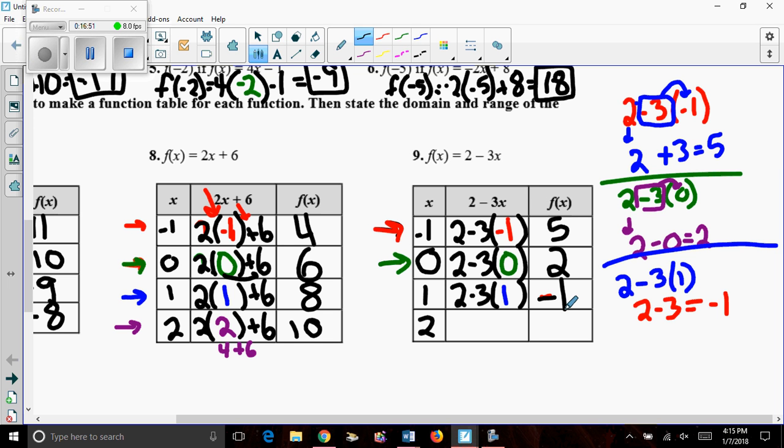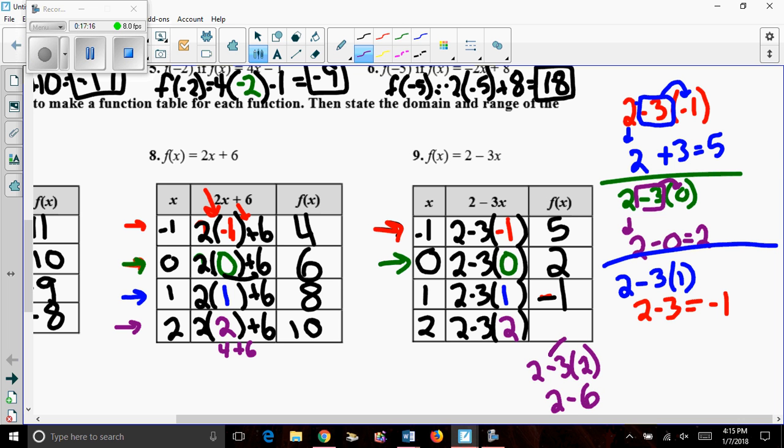All right, when we go to fill this in, 2 minus 3 times 2. Well, that's 2 minus 3 times 2. We know 3 times 2 becomes 6.